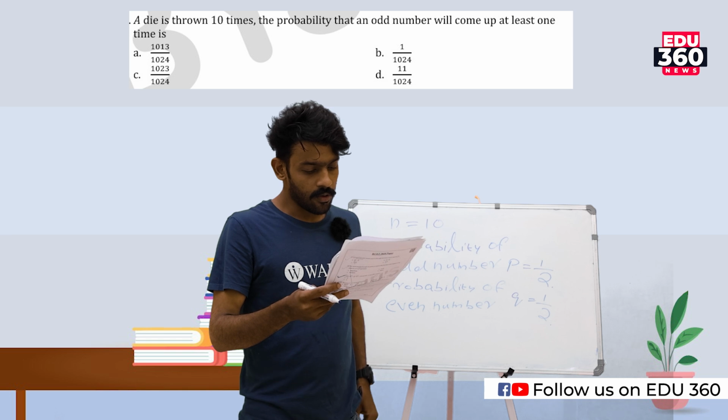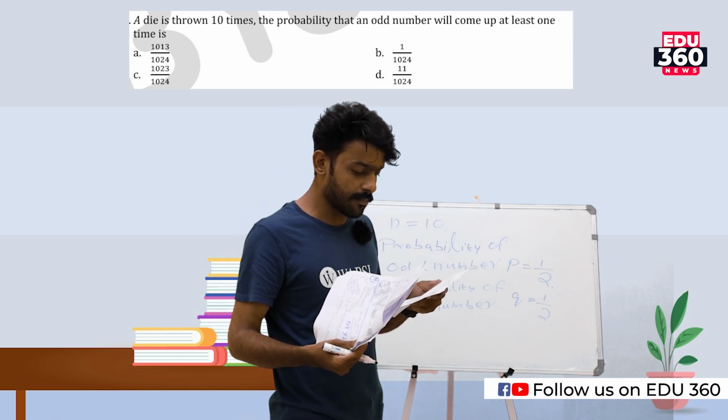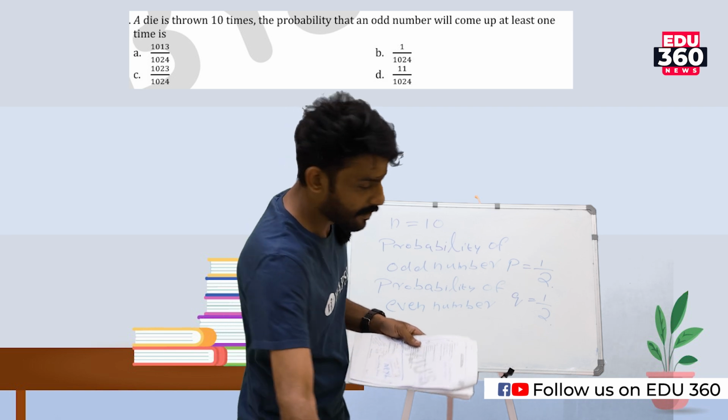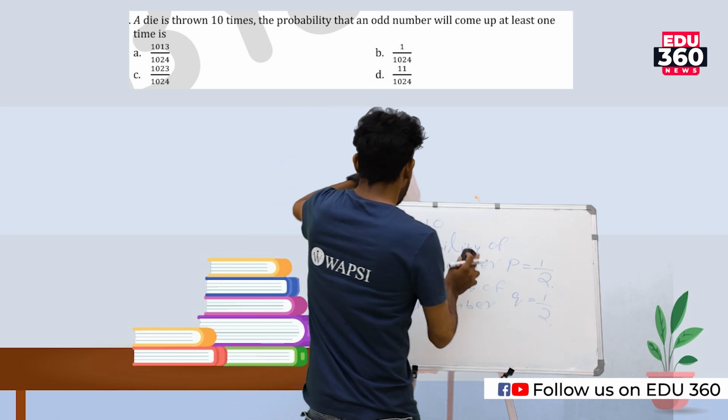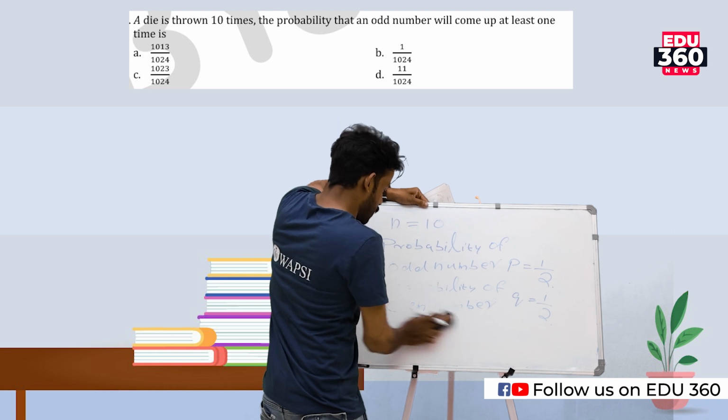Okay, so hereafter, we need to find the probability that an odd number will come up at least one time. Look here, P is equal to 1 by 2 and Q is equal to 1 by 2.